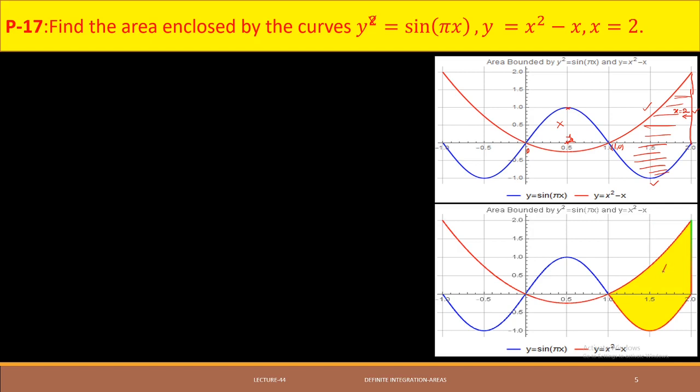Of course this can be split into 2 parts, namely a1 and a2. a1 is under the parabola, and a2 is under the curve sine pi x, and this is the straight line x is equal to 2. Let us find out the area. Solution here.